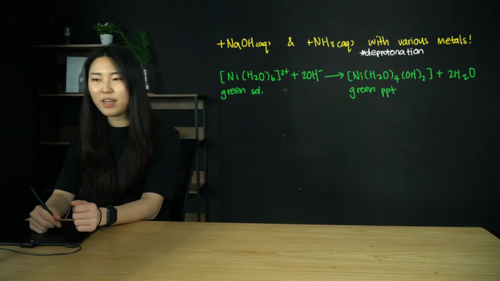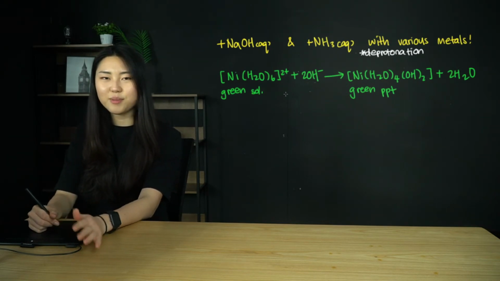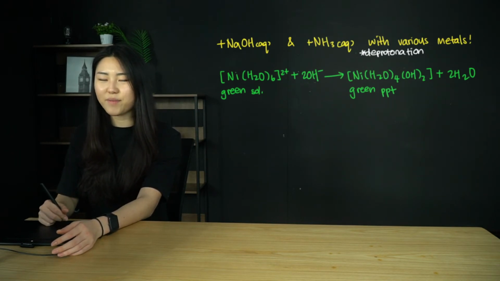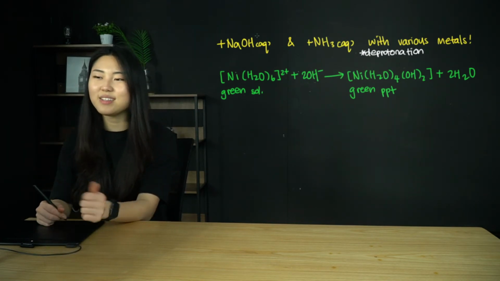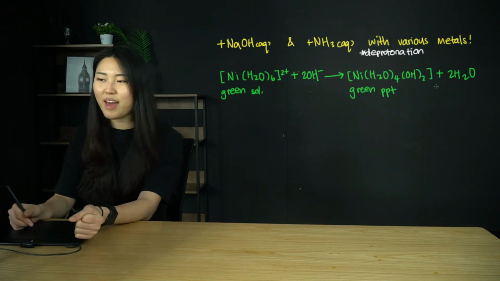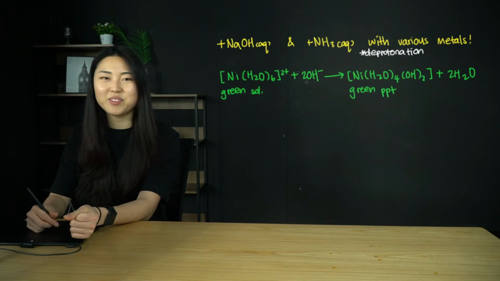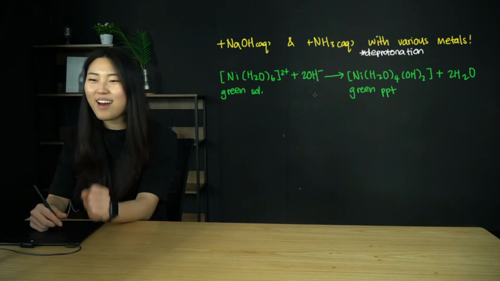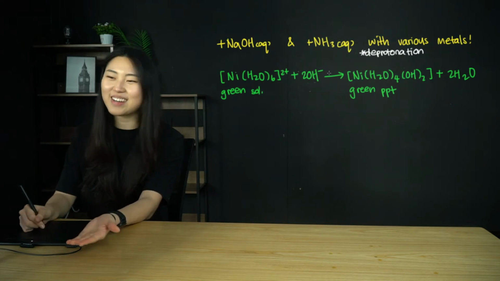And now we have nickel. So nickel is kind of similar to cobalt because it won't have further reactions with one of those reactants. So first of all, we have the sodium hydroxide. Again, same thing happens. I'm really tired of saying deprotonation because it keeps happening. But yeah, deprotonation occurs.